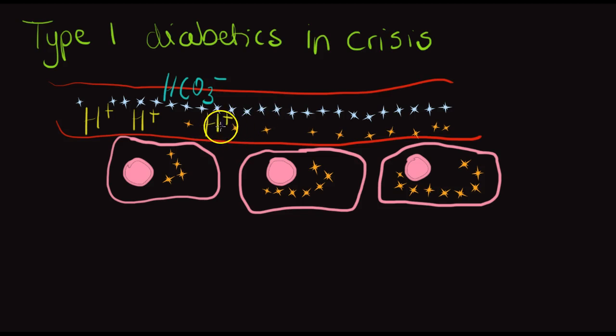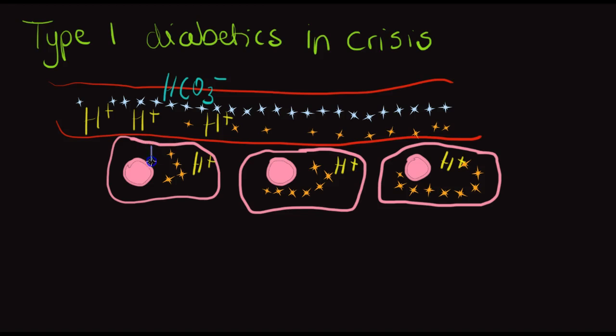Another thing that the body can do is decide to hide some of these hydrogen ions inside of its cells. So it can move some of these hydrogen ions inside the cells. And since we have to maintain electrical neutrality, it's going to kick off one of the potassium ions that is in here.